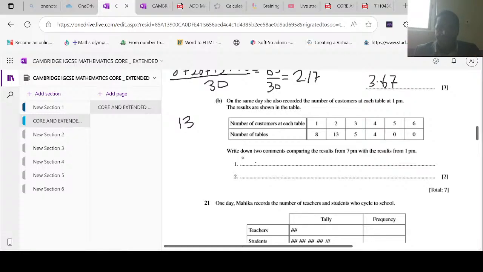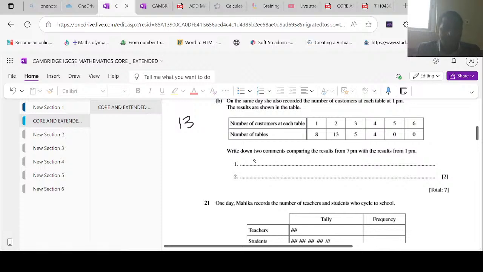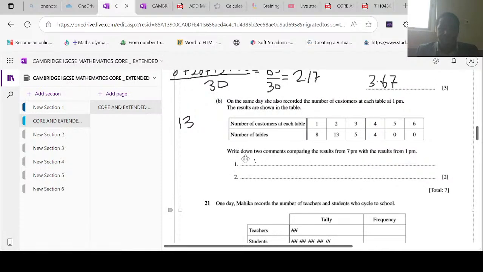I'll have to type it. Okay, so let me type this.